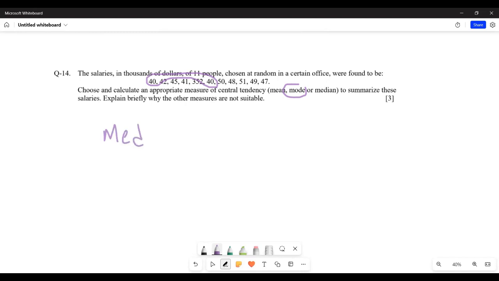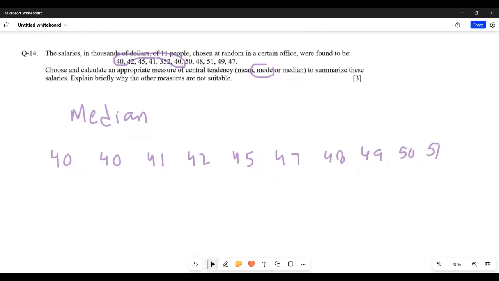So you write median after clearly rejecting mean and mode, and then find the median. Write the data in ascending order, and then choose the middle value. 40, 40, 41, 42, 45, 47, 48, 49, 50, 51, and 352.